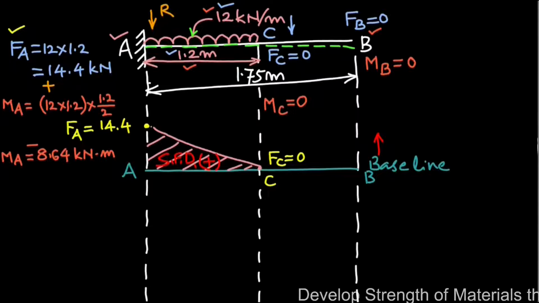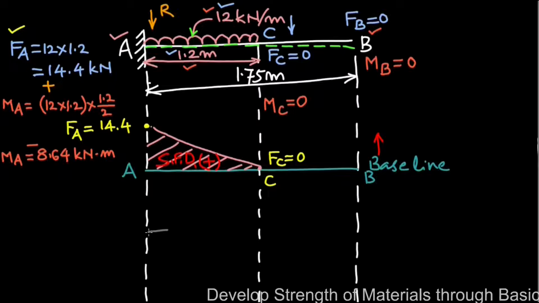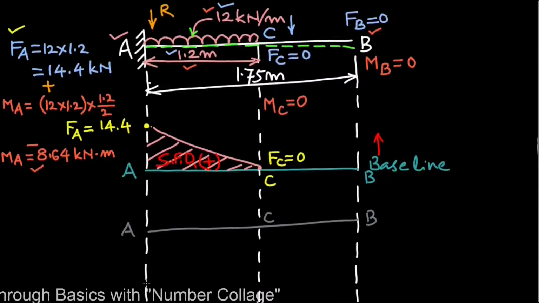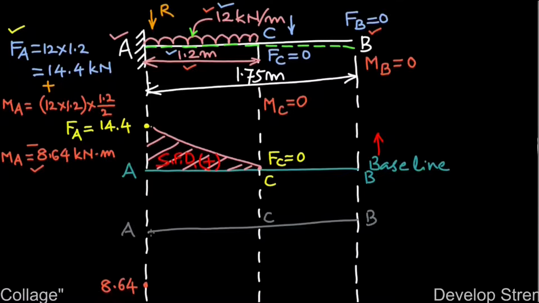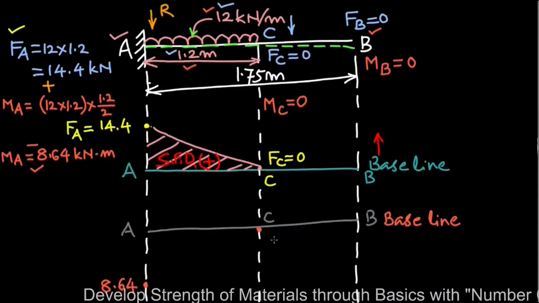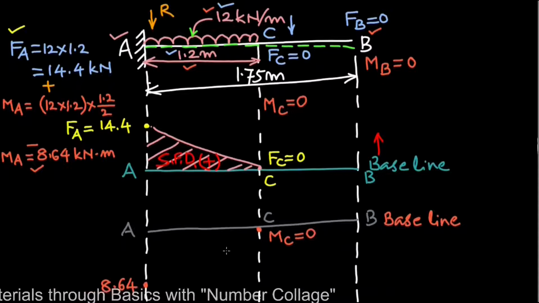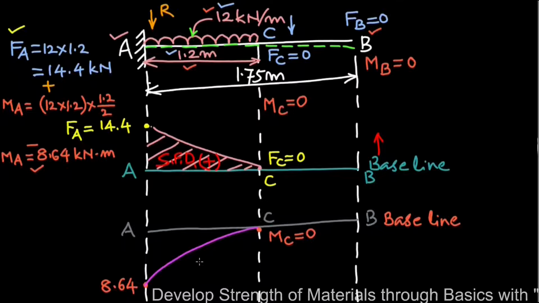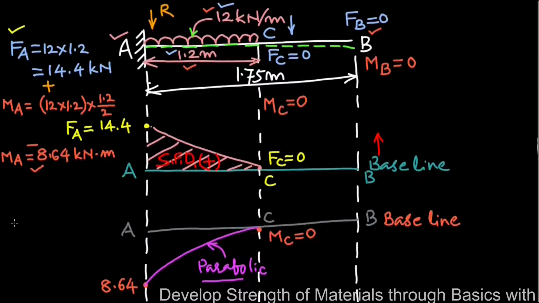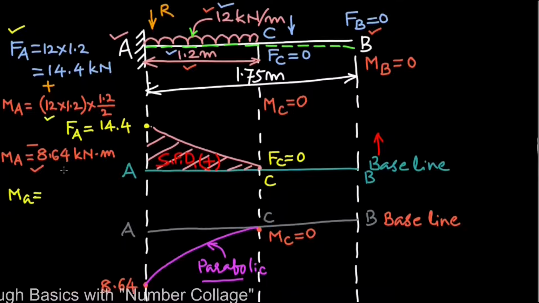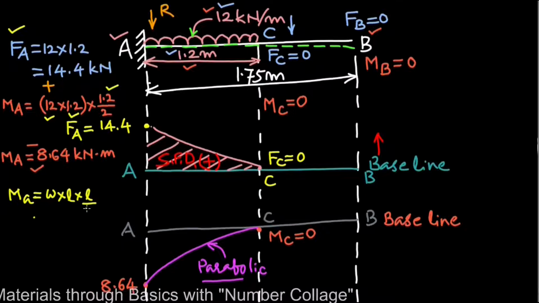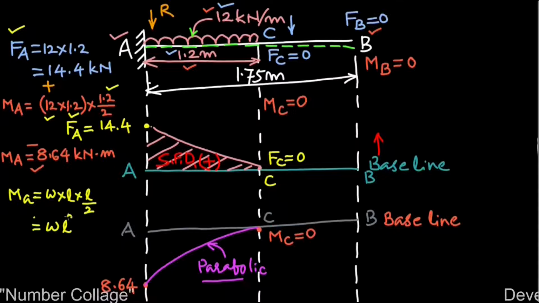For bending moment diagram, first we will draw the baseline AB and this middle point C. We will mark this bending moment MA 8.64 below this baseline. The bending moment at C, MC, being 0, we will draw the bending moment curve from 8.64 to this MC equals 0 in a parabolic shape because the bending moment MA is W multiplied by L multiplied by L upon 2, which is WL square upon 2.